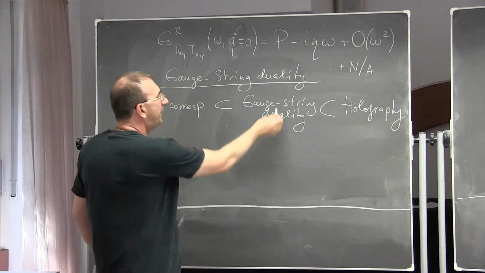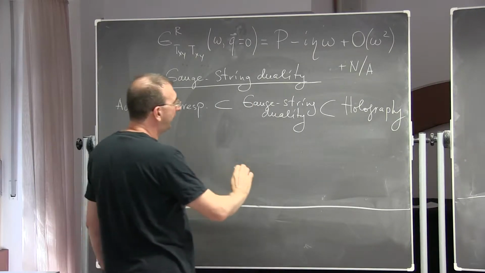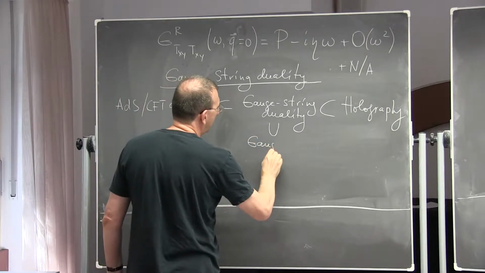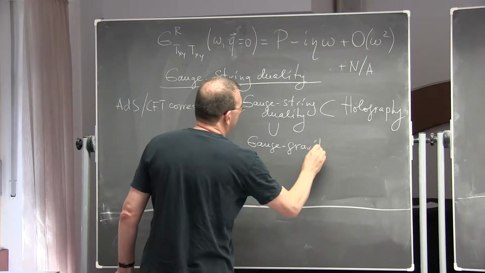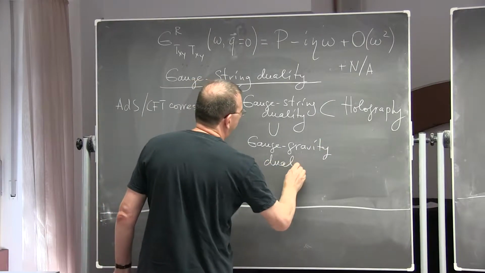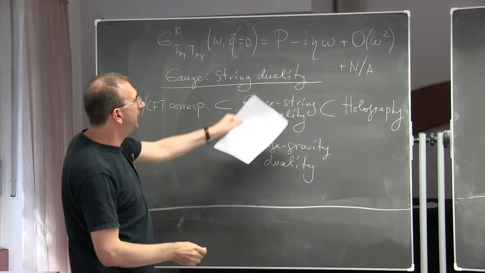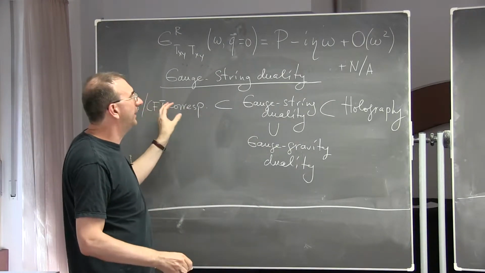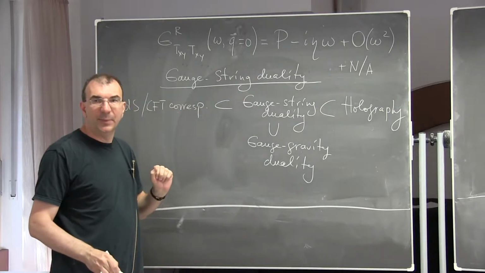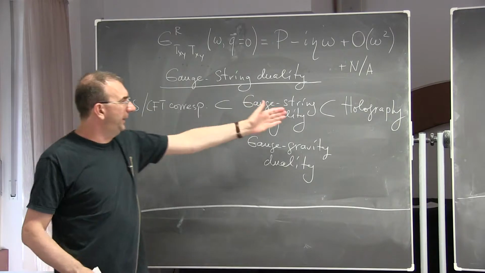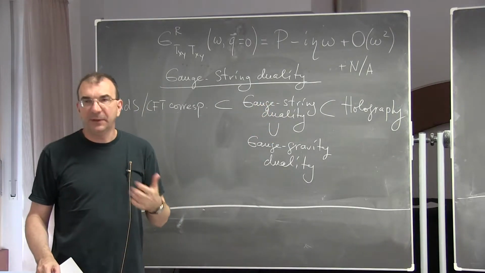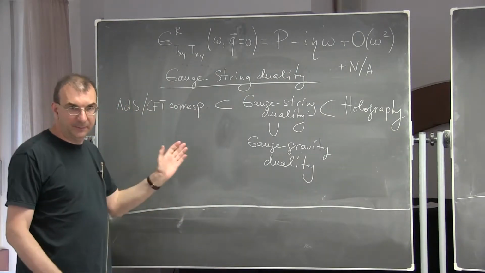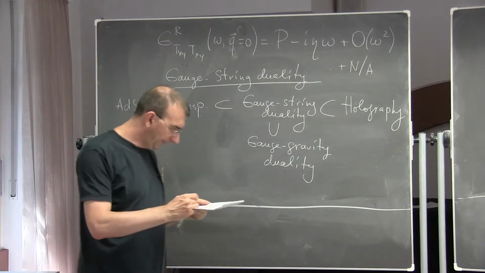And then a particular limit of gauge string duality, which we are going to discuss today, is called gauge gravity duality. So gauge gravity duality is in some sense a subset of gauge string duality, and then AdS/CFT correspondence is a particular example, strictly speaking, of gauge string duality. But in the literature, these four terms are often used as synonyms, which is strictly speaking wrong. But people who know what we are doing, they don't bother to distinguish between them, but there is a distinction. Okay, just to warn you about this.